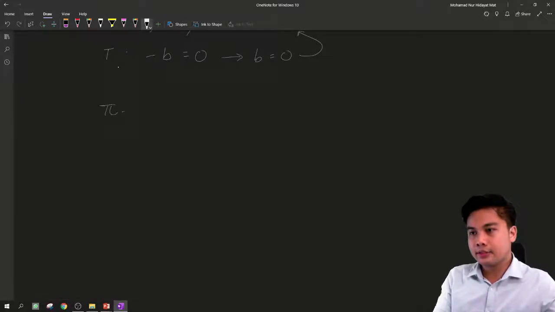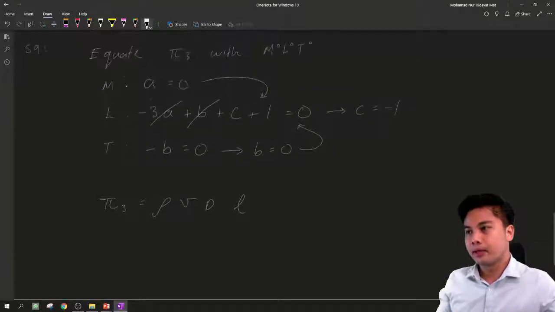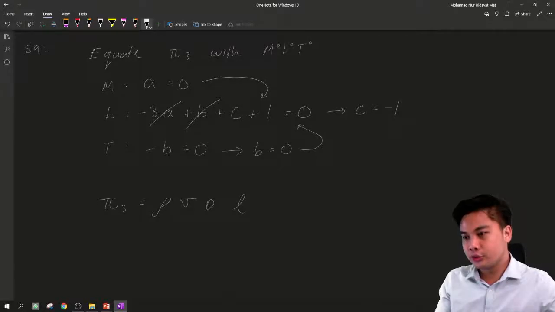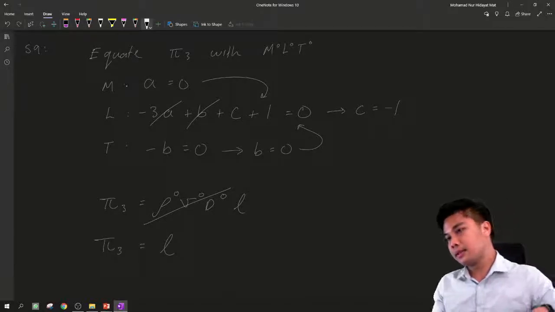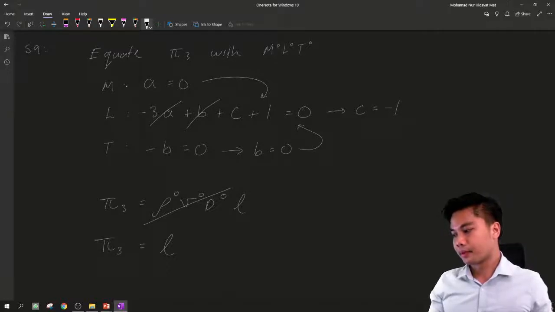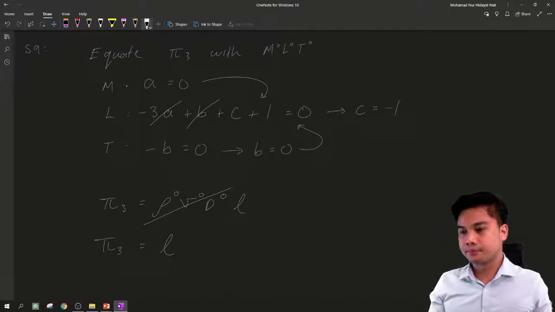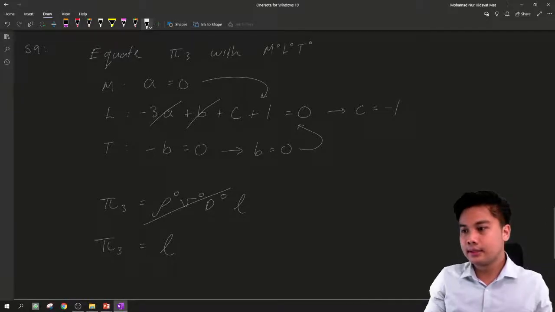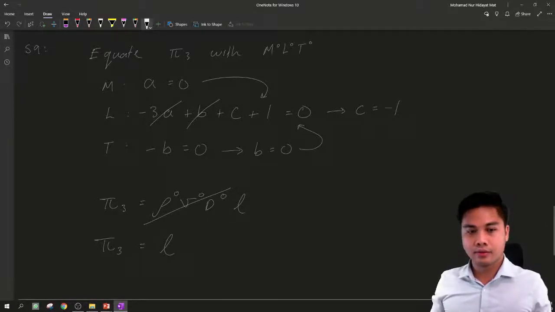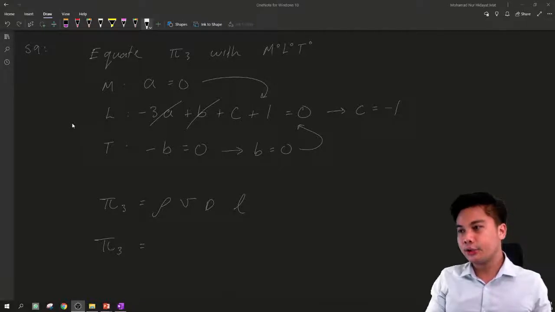So from pi term 3 equal to rho V D L, our A, B, and C are 0, 0, and 0, so we cancel out these, and our pi term number 3 is actually L. When we look here, A is 0, B is 0, but C is negative 1.